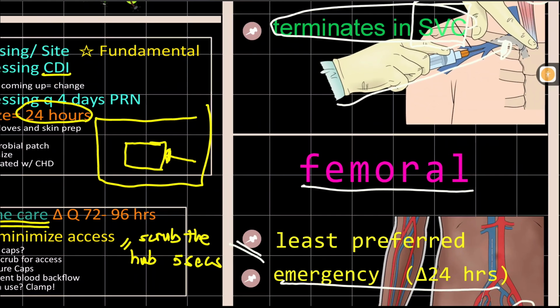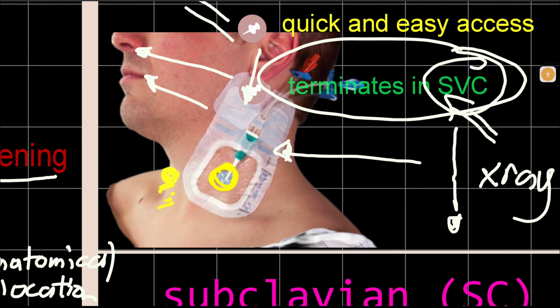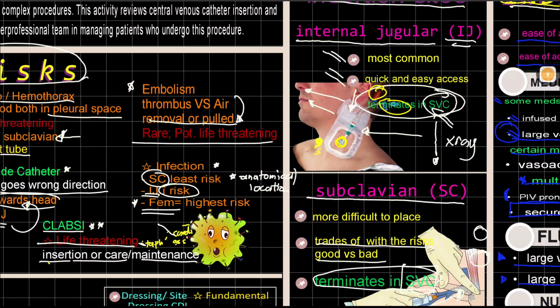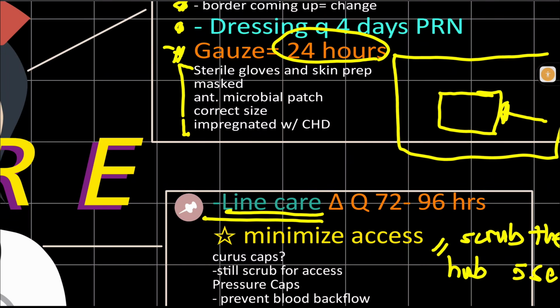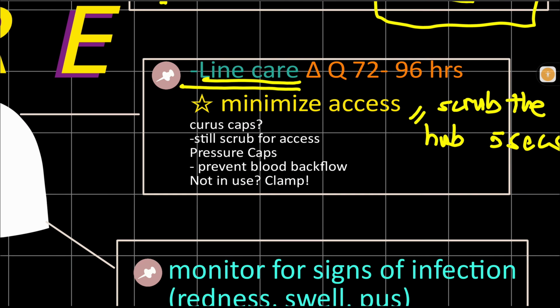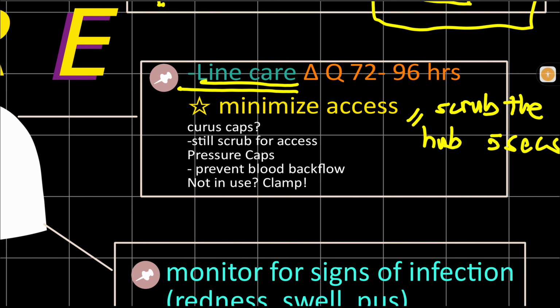Ano ba yung hub? Itong hub na to. May ilalagay ka dyan na microclave. Normally, yun yung backflow stopper mo to prevent backflow of the blood. Alright, so we normally use curos cups to maintain the sterility.